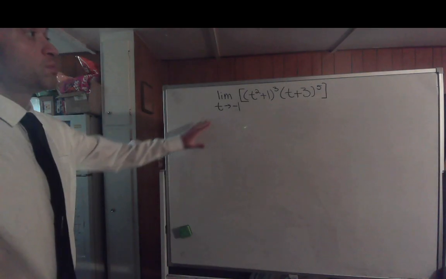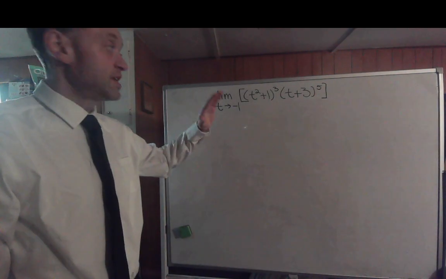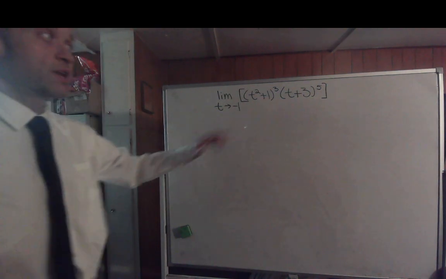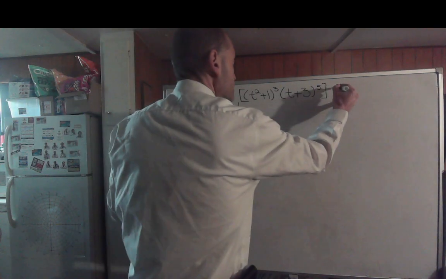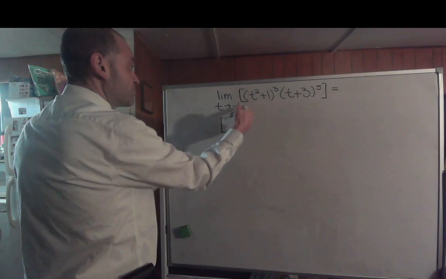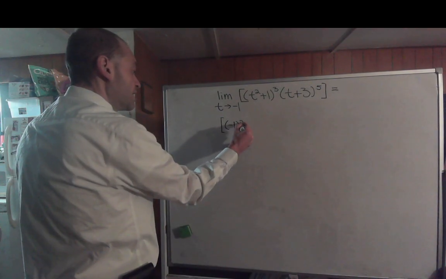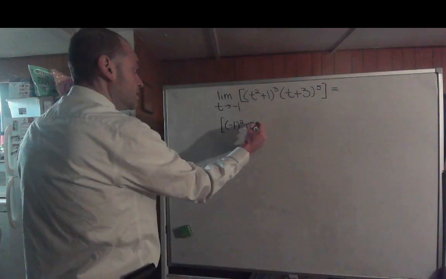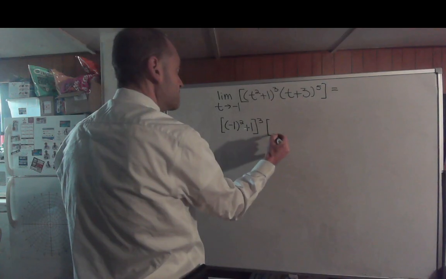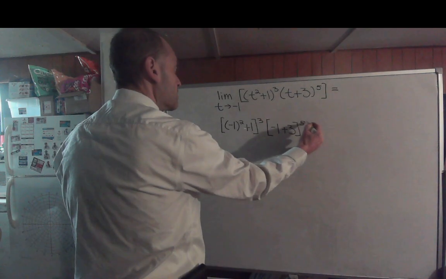Well, again, we can use direct substitution because for polynomials the domain is the entire set of real numbers, so we can use direct substitution here. So doing that will end up giving us, if we take negative 1 and put that in for t, negative 1 squared plus 1, all that raised to the third power, times negative 1 plus 3 raised to the fifth power.